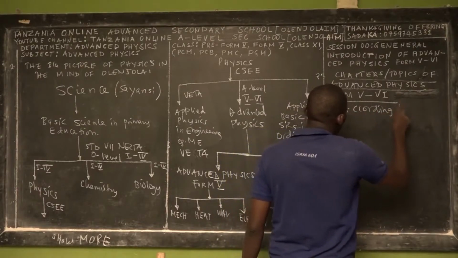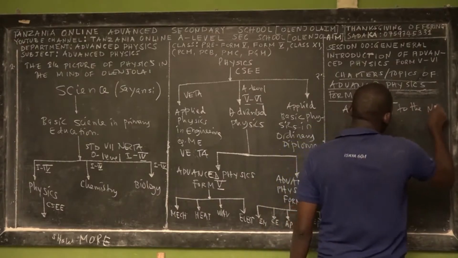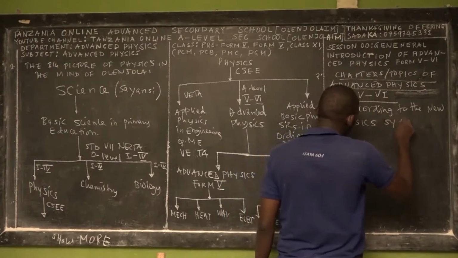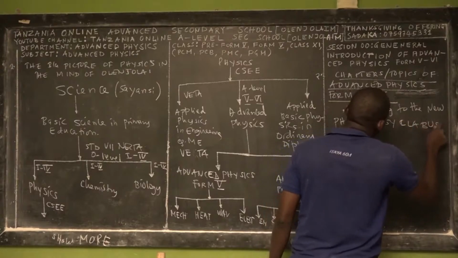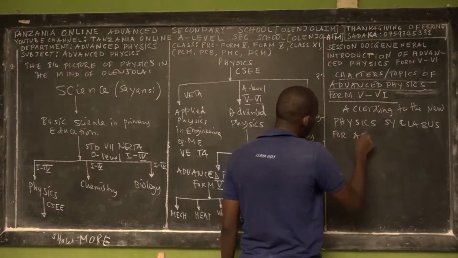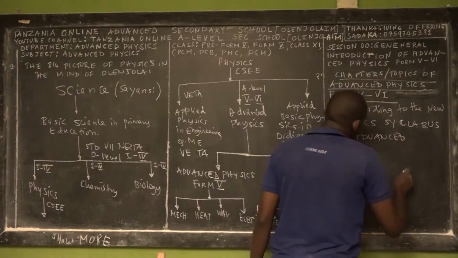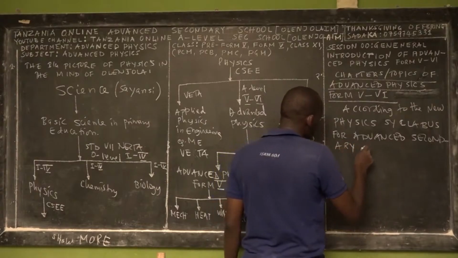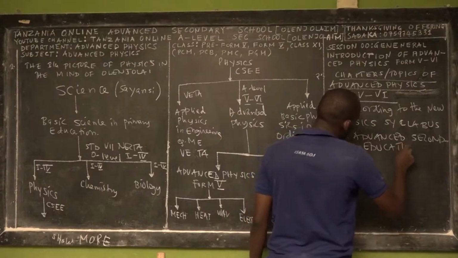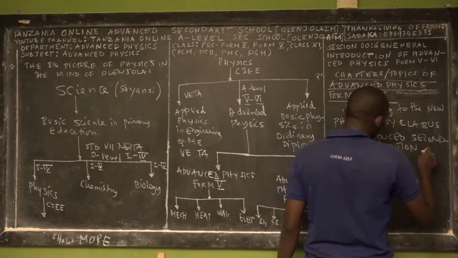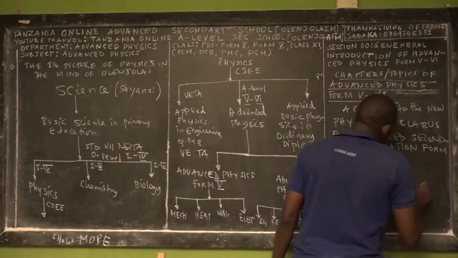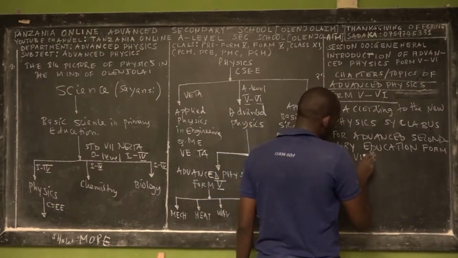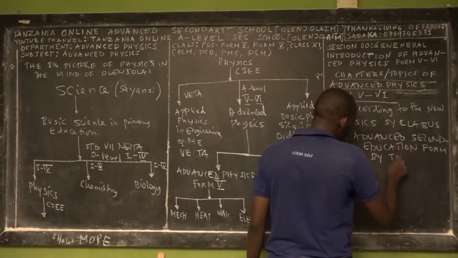In physics, you say that according to the new physics syllabus for advanced secondary education, Form 5 to Form 6, this has been written or prepared by the Tanzania Institute of Education.